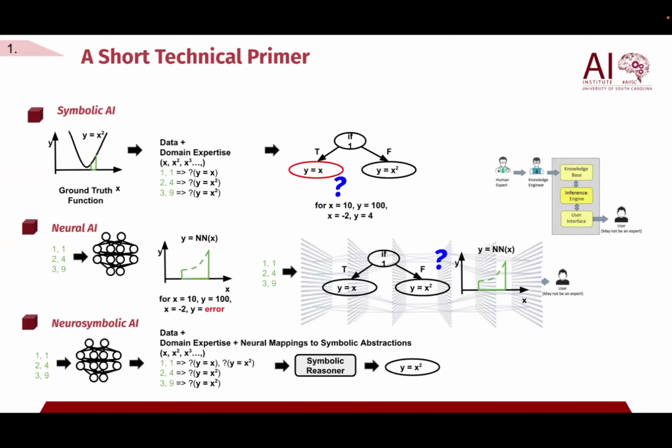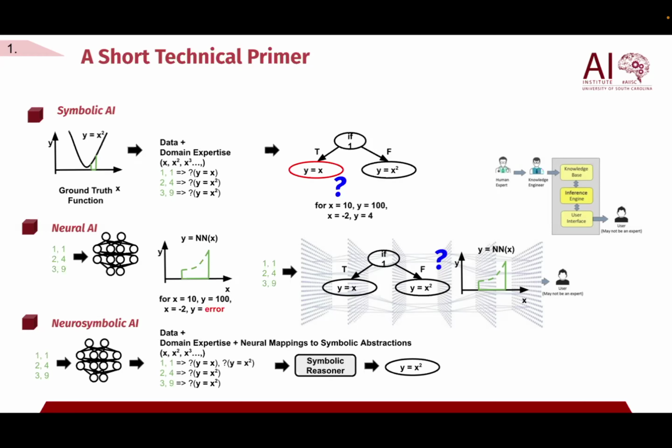Here, for example, illustrated are the different basis functions that you might use, x squared and x cubed, to reconstruct this function. And a person can then try and tag each data point to whatever they think is the most relevant basis, and then consolidate all that into a symbolic decision making process. Like here, a decision tree is shown.